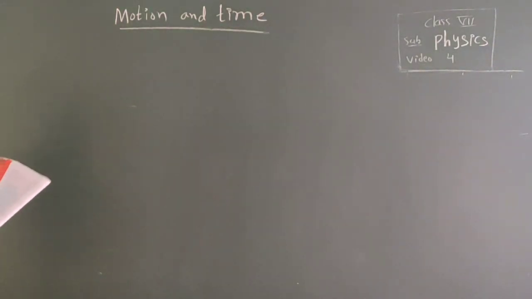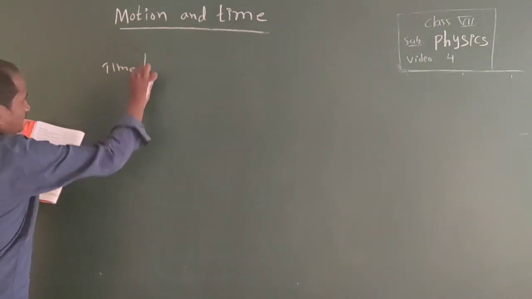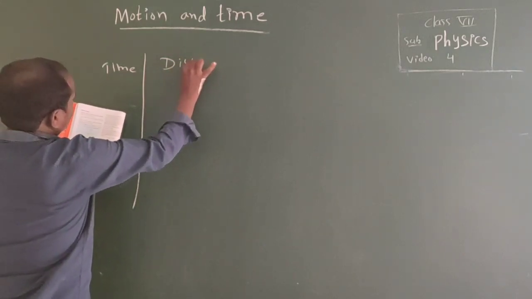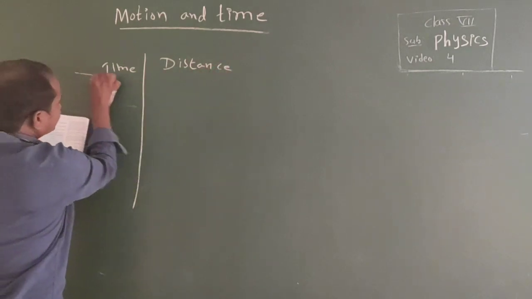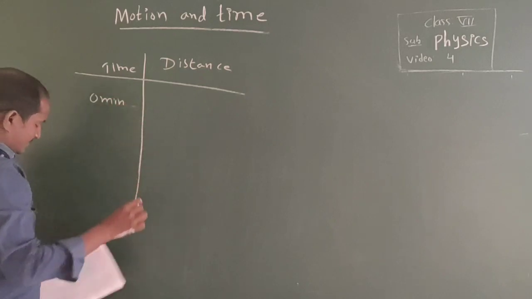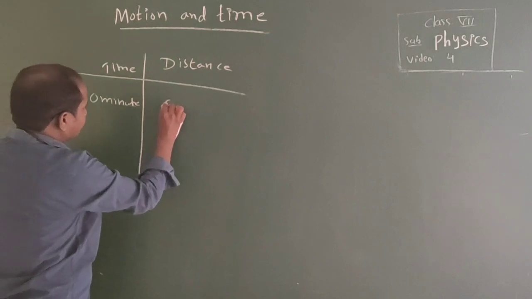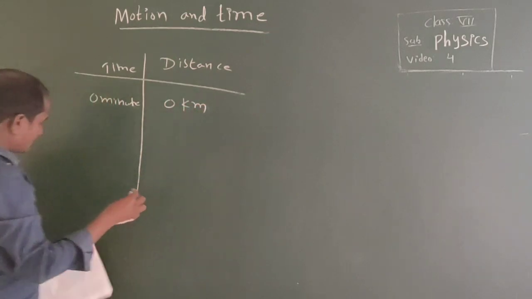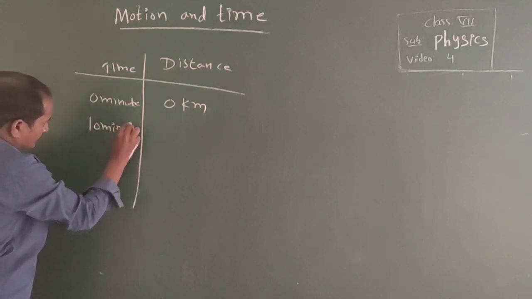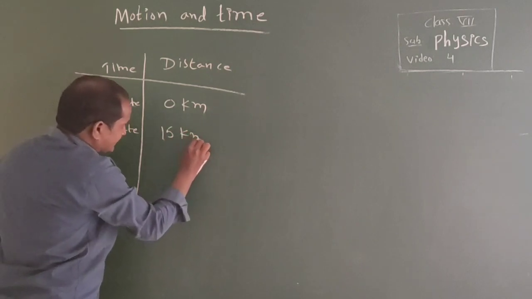Here time and distance are given. At 0 minutes, the body covers 0 kilometers. At 10 minutes, the car covers 15 kilometers.